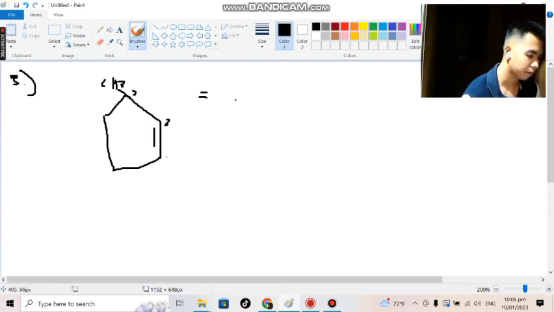As we can see here, the third carbon of the parent chain has an attachment with a methyl. So this is going to be 3 hyphen methyl. And given the form of this, it is going to be a cyclo.